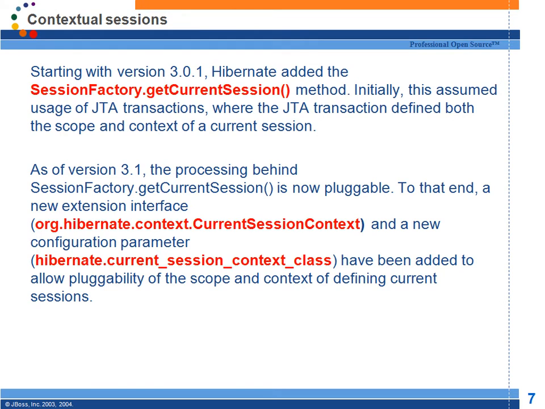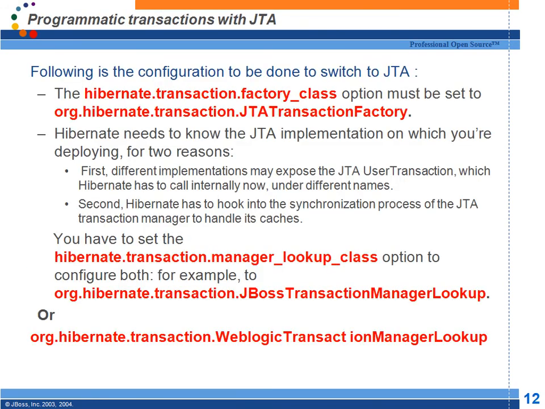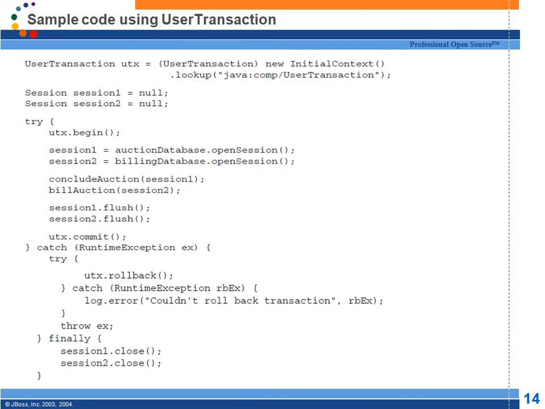Okay, I'll proceed. I'll just show you one example, then I'll come back here. Now see how Hibernate can use global transactions. Now see this code: UserTransaction, I am looking up inside the JNDI. I got the UserTransaction object, right?